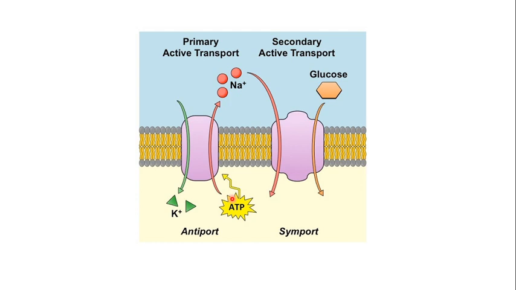But in secondary active transport, the protein molecule involved is not directly using ATP, but is using the electrochemical gradient for the movement of molecules against their concentration gradient. And one important example of secondary active transport that we just discussed was the transfer of glucose from the nephron back into the blood, where it is absorbed by the different cells of the body.